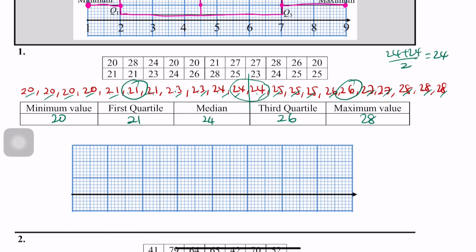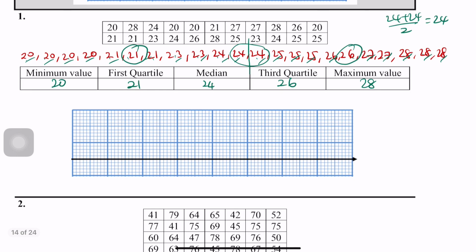Okay, so let's draw a box plot. So we have 20 over here, 20, 21, 22, 23, 24, 25, 26, 27, 28. I use pink color. So 20 is the minimum, you draw a dot over there. Maximum is 28, a dot over there.